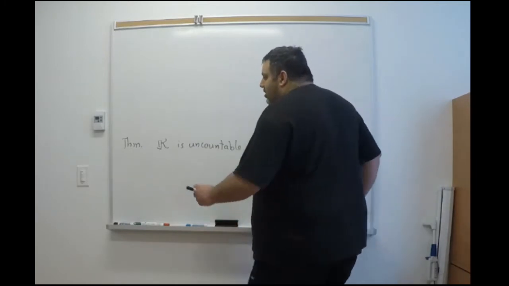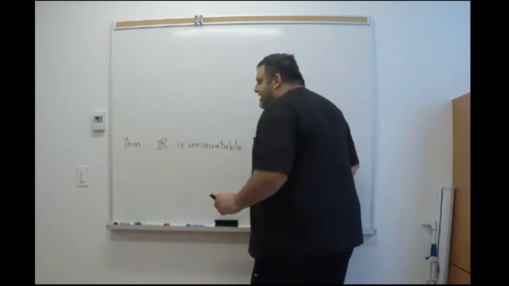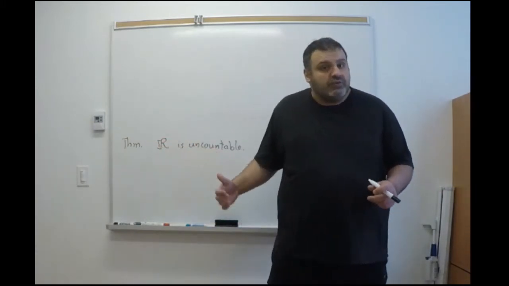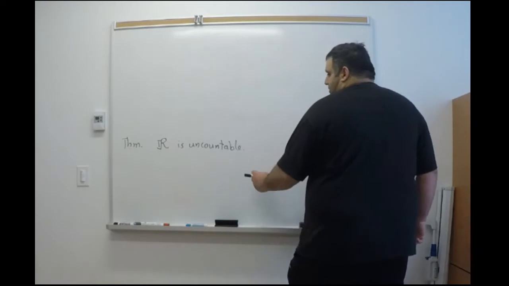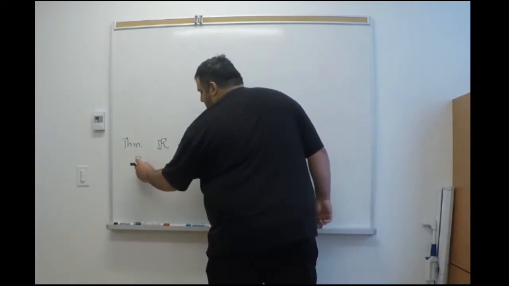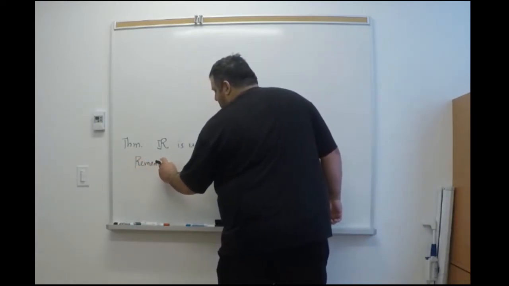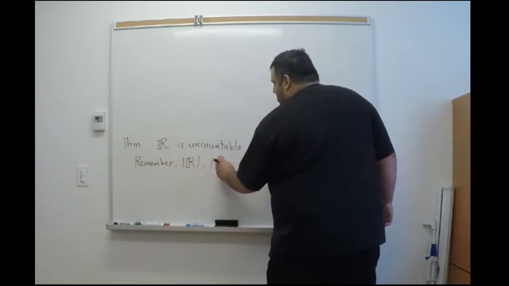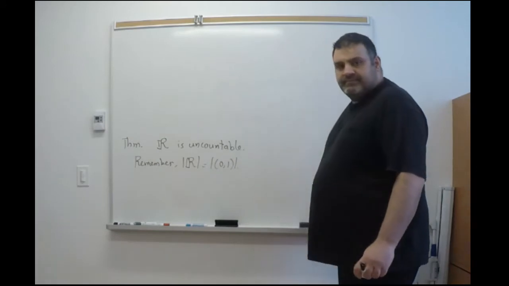What we're going to show is that the elements in R cannot be listed, like we listed them for Q. Now remember, the cardinality of R is the same as the cardinality of the open interval (0, 1).